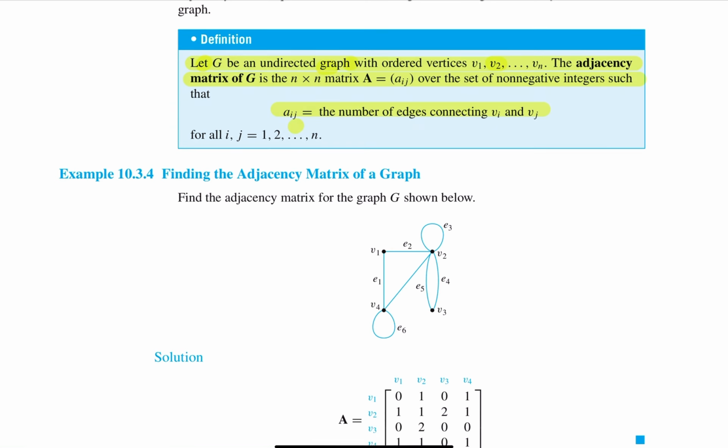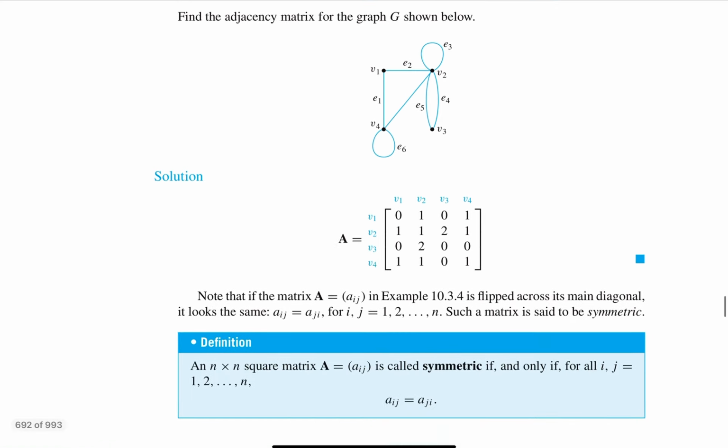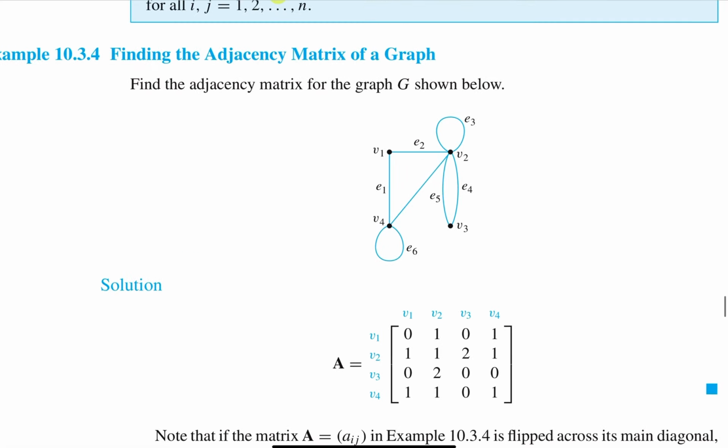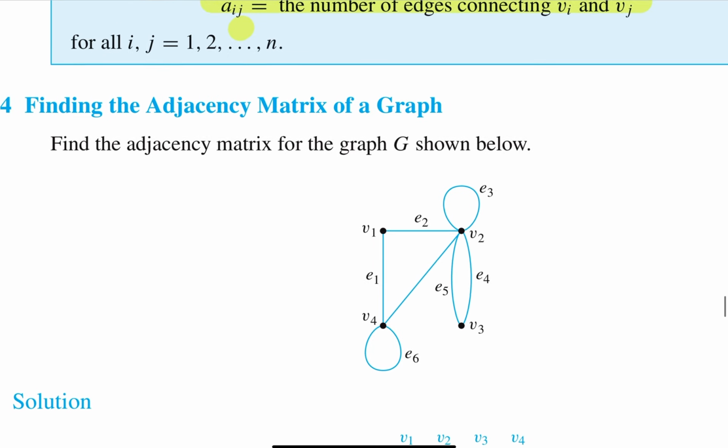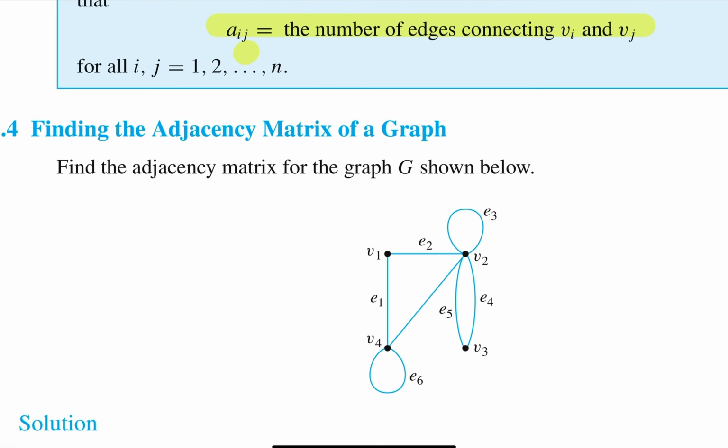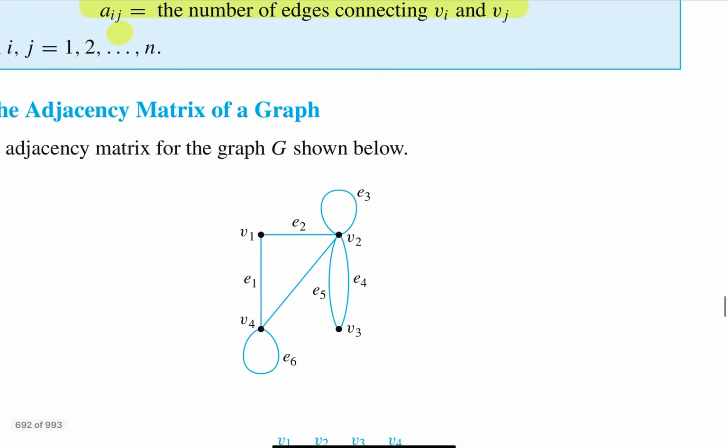Aij is the number of edges connected to Vi and Vj. It is the same thing here. The question here asks you to find the adjacency matrix of the graph. Now, let's do it.